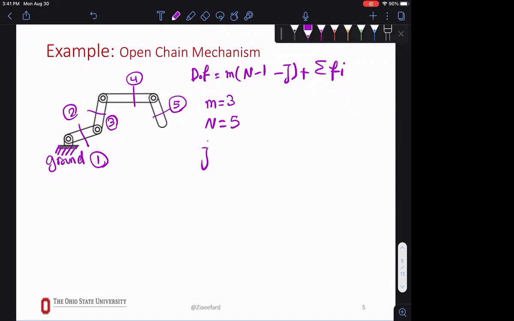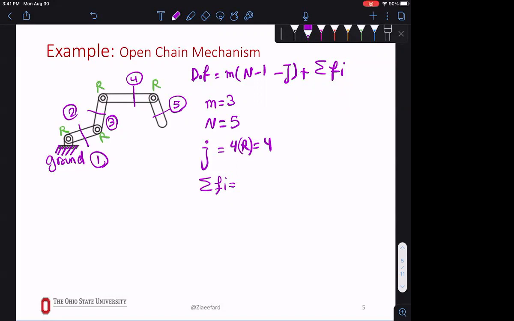How many joints do we have? That's what I like to do: identify them, because you'll see different joints. So I like to say 4R, not just 4 joints. I usually put the type in parentheses just for myself. Sigma fi means adding the degree of freedom that every joint provides for you.